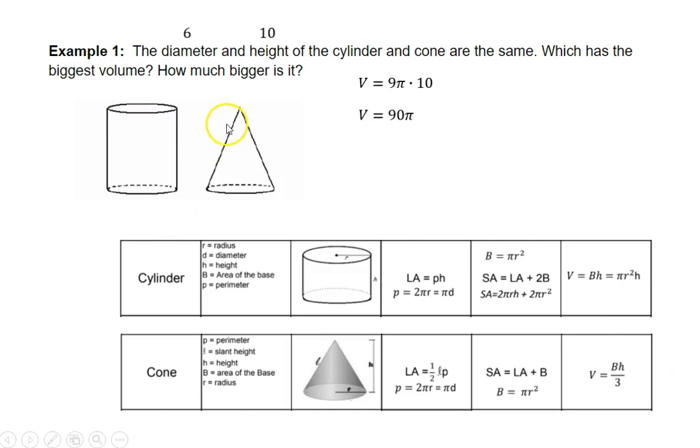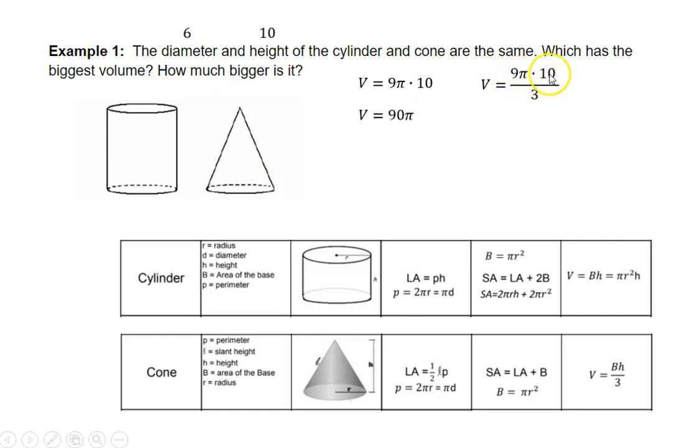Now to find the volume of the cone, we're going to use the volume of a cone formula, which is area of the base times the height divided by 3. That's going to be 9 pi times 10, because again, the area of the circle is pi times the radius squared. The radius of this circle is 3, because the diameter is 6, and 3 squared is 9. So that's where that 9 pi comes from.